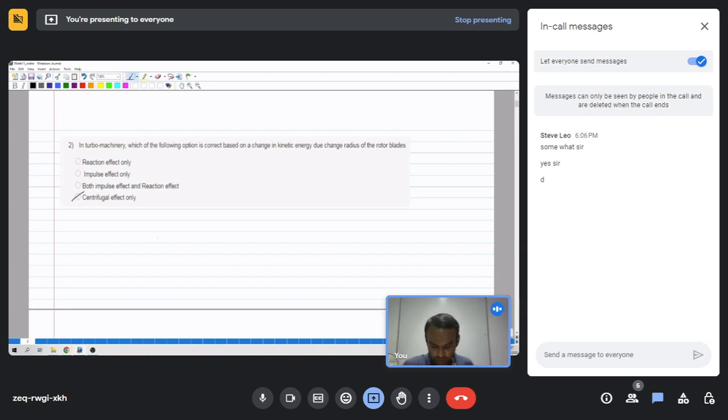Because for a centrifugal compressor we will have an axial inlet and then a radial outlet. Because of the movement of the blade, we impart a centrifugal force on the fluid, and then we get higher velocity, and then we convert the velocity to pressure, and that's how we increase the pressure of the fluid.